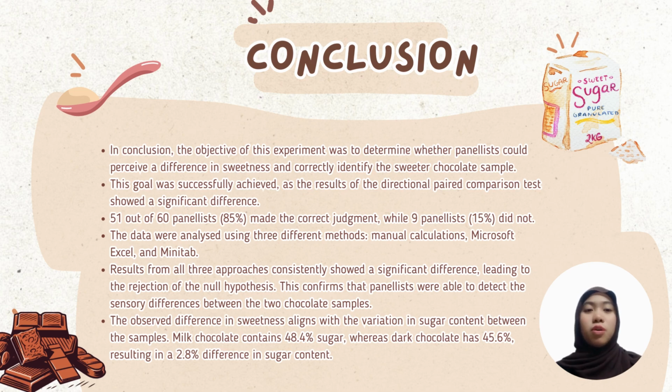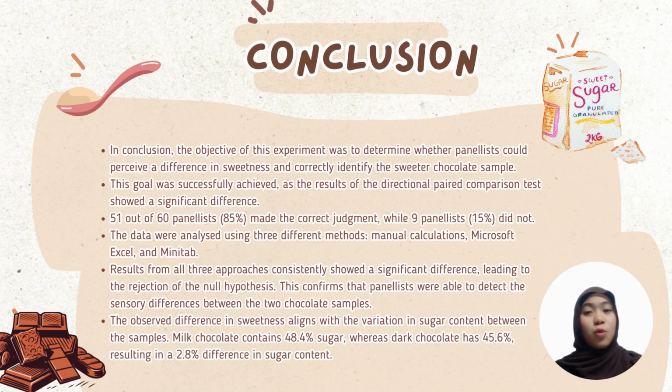So this goal was successfully achieved as the results of the test, which is the directional pair comparison test, showed a significant difference. Based on the results, 51 out of 60 panelists, which is 85% of them, made the correct judgments, while 9 panelists, which is 15% of them, did not.